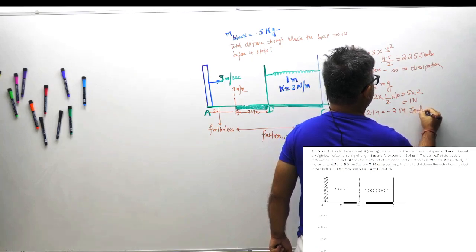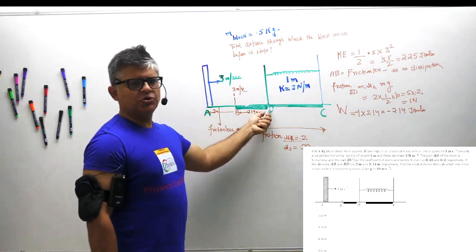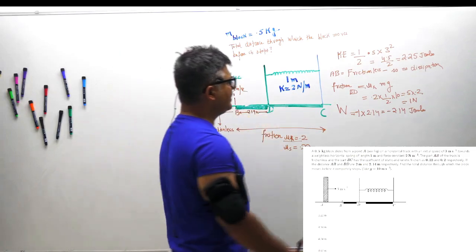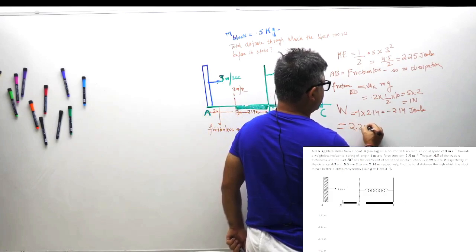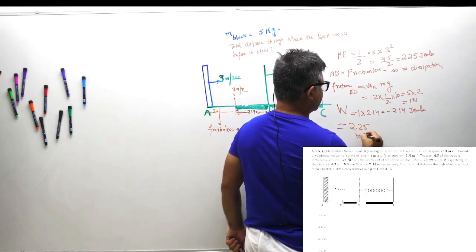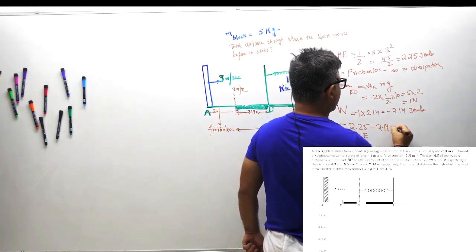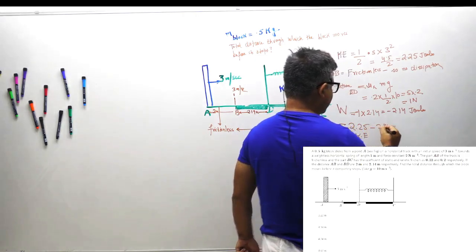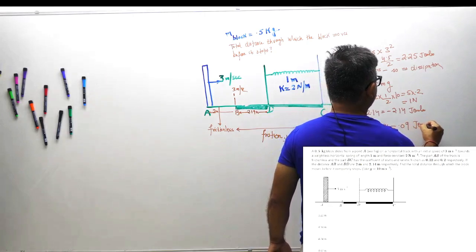And so the balance energy at point D, the remaining energy you have, is 2.25, which is your kinetic energy, minus 2.14. So you're left with only 0.09 joule of energy.